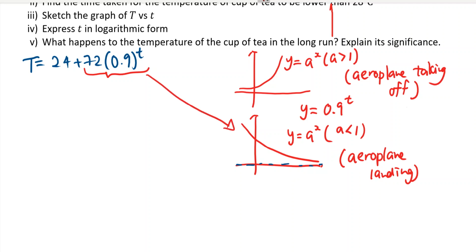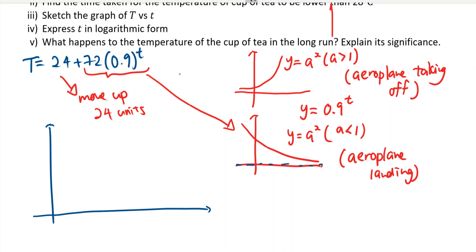Now, what happens if you add 24? When you add 24, the whole graph will translate up by 24 units. Your graph will look like this. Because this is an application question, time can only start from 0, so you cannot have this part.